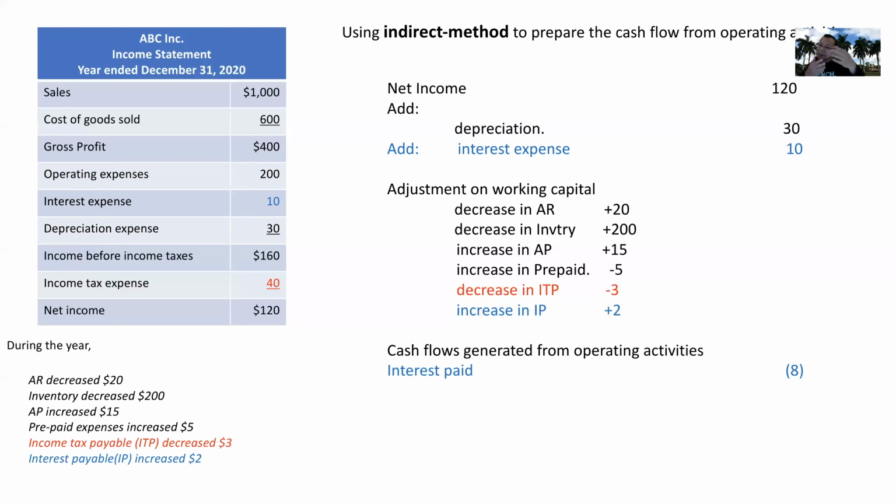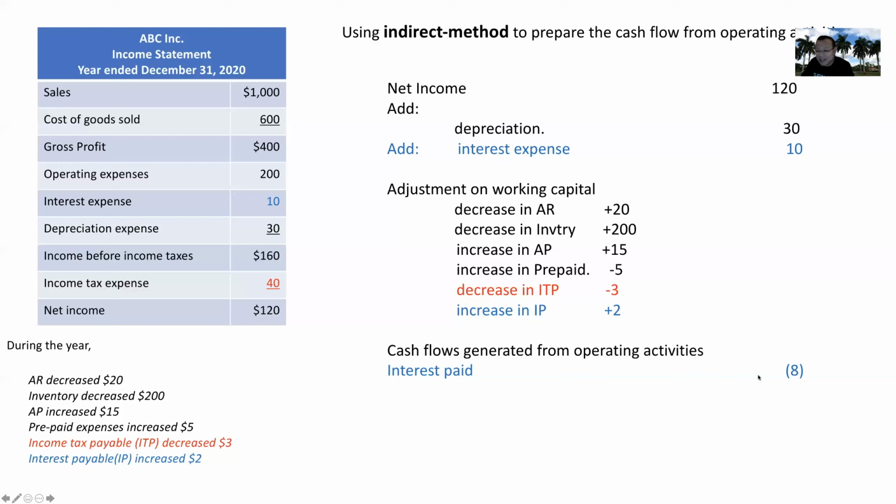If you recognize the expense and you didn't pay any cash at all, your interest payable should increase by the same amount, $10, right? However, we were told the interest payable increased only by $2, so we can infer that you actually paid $8 cash.